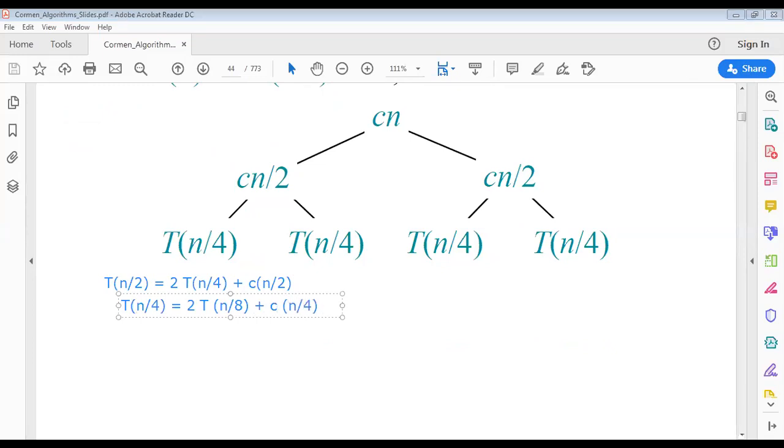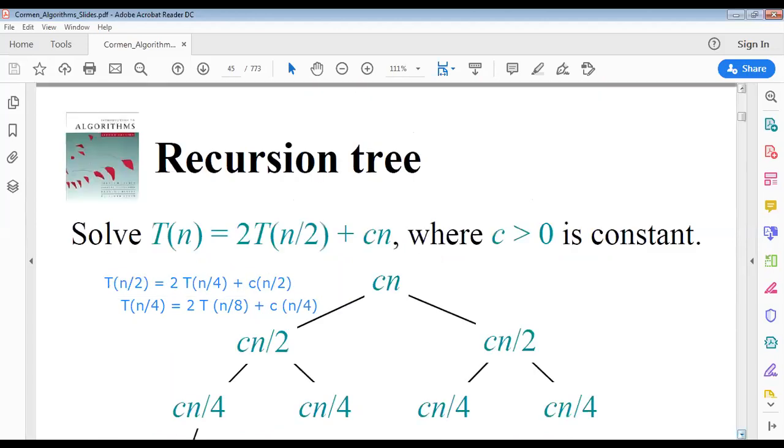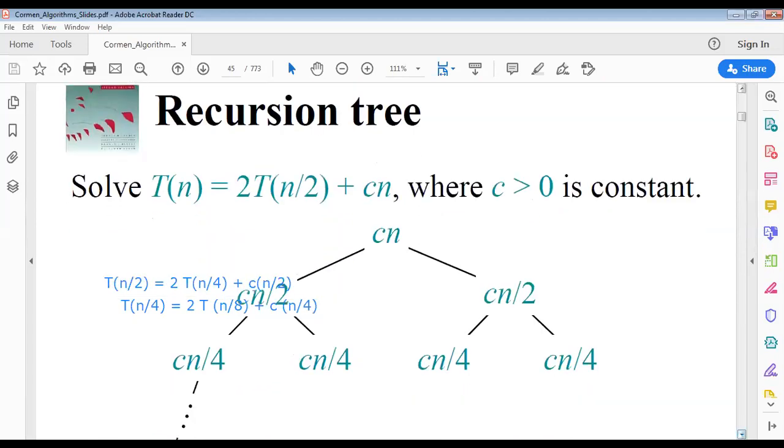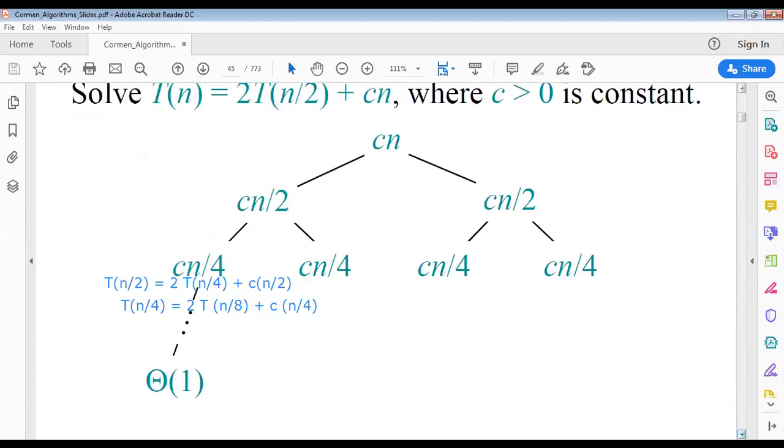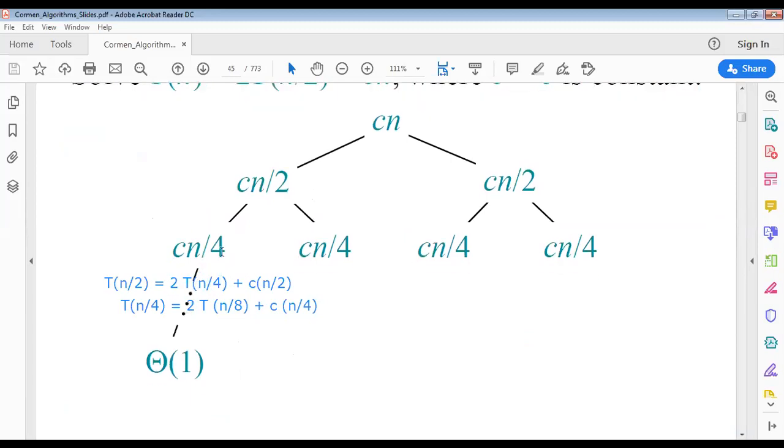So we put these values instead of T of n by 4 to get the result. Here, cn by 4, cn by 4, cn by 4.